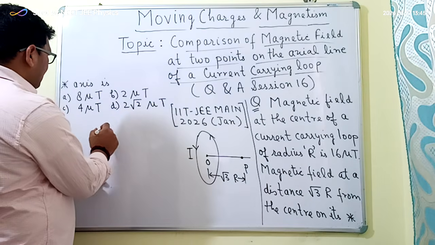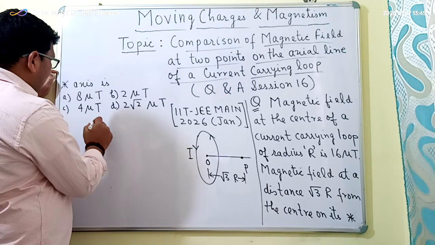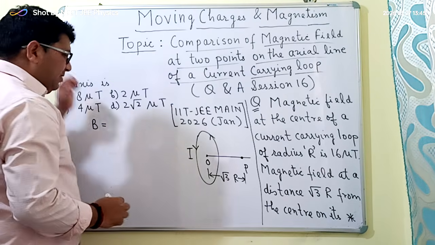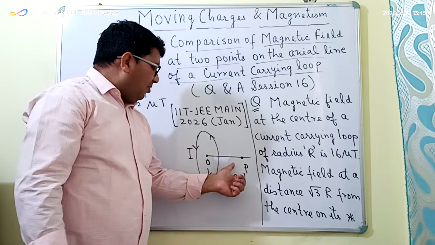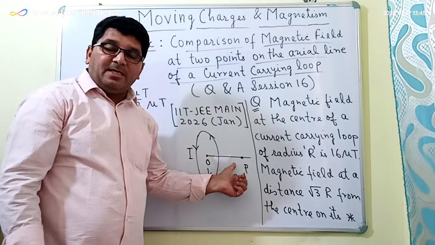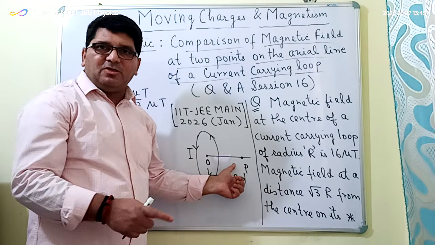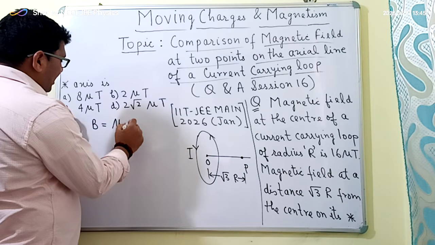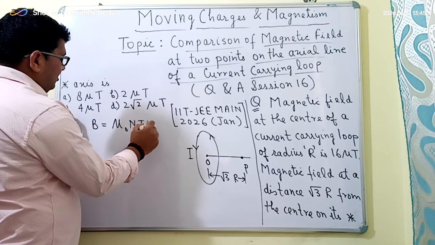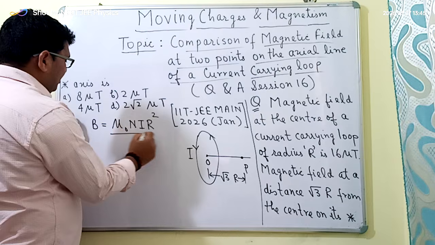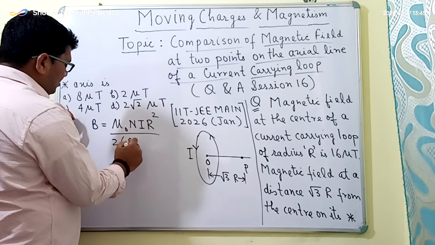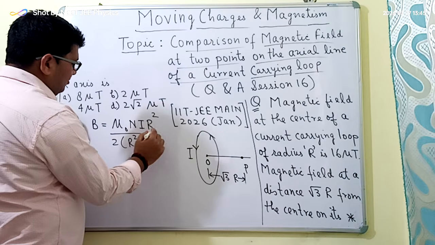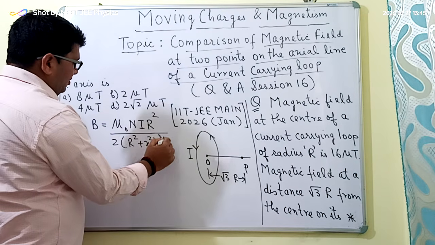In session number 13 we derived the equation for the magnetic field at any point on the axial line of a current carrying loop, which is equal to mu naught n I r square divided by 2 times r square plus x square to the power 3 by 2.